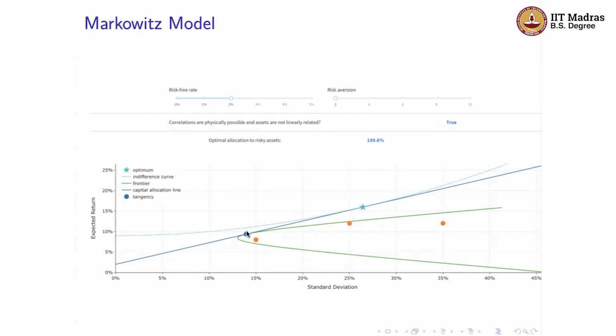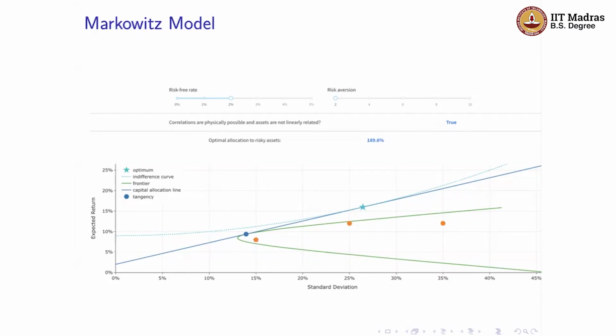So that's the implication. And these are, by the way, generated by the same set of interactive tools that we saw last week. You are free to go to the Rice Business School website, where they have nice interactive tools to play around with.